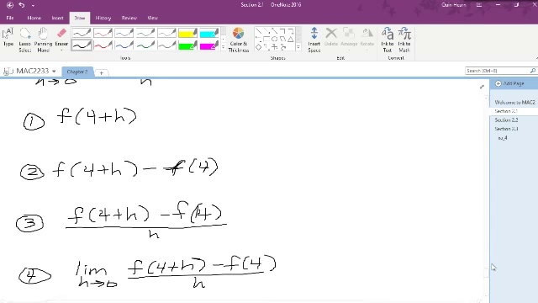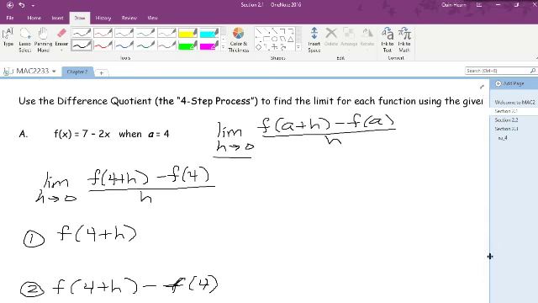Okay, so how do we find f of 4 plus h? So remember we have a rule for f here. F of x equals 7 minus 2x. And what we're doing is we're plugging in, instead of x, we're plugging in 4 plus h where the x is, right? So the 4 plus h is getting plugged into the function.